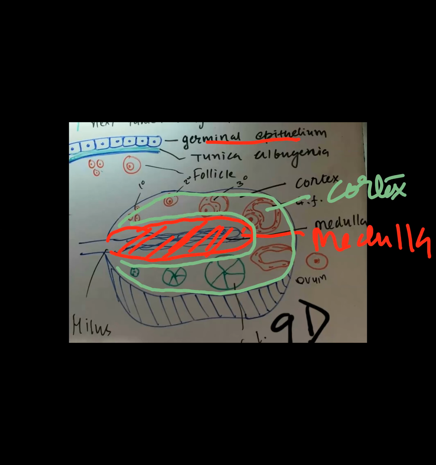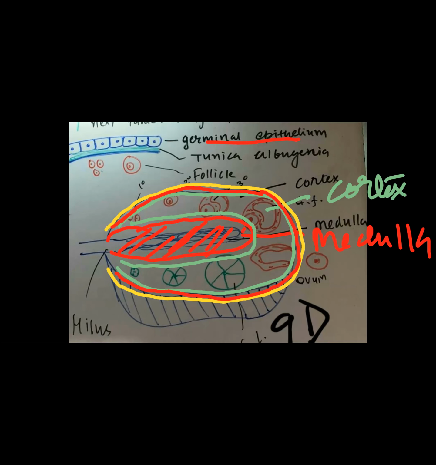And then you have the outermost germinal epithelium. Actually, if you see carefully, between the germinal epithelium and the stroma part, which begins as the cortex, there is one more layer, and that is called tunica albuginea.